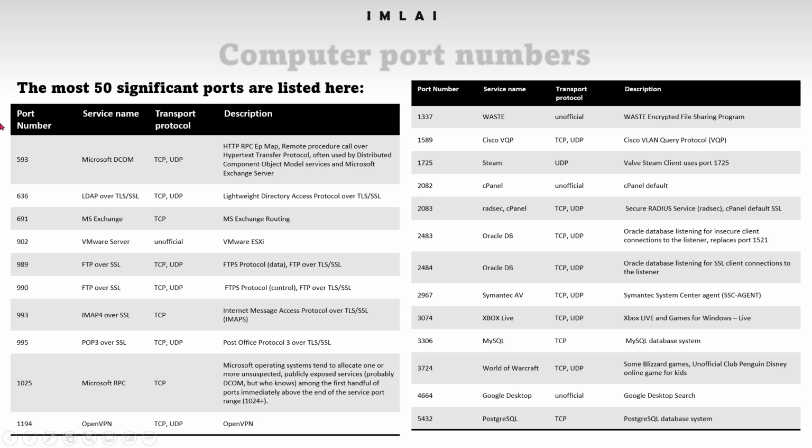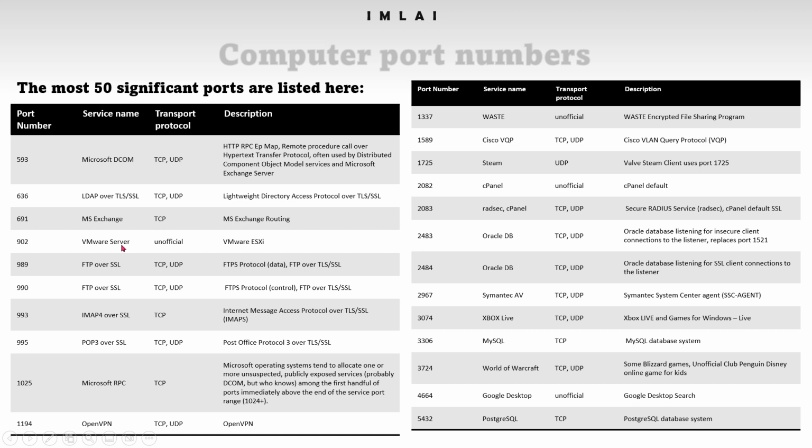It uses port number 593 and transport protocols TCP and UDP. And then LDAP over TLS or SSL, the Lightweight Directory Access Protocol over TLS or SSL, runs at port number 636 and transport protocols TCP or UDP.